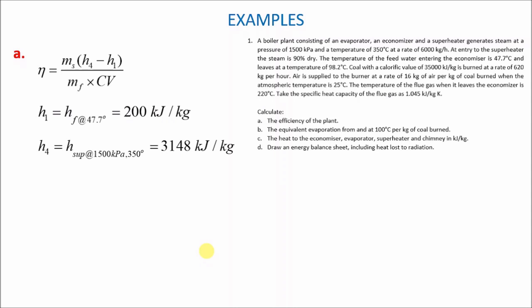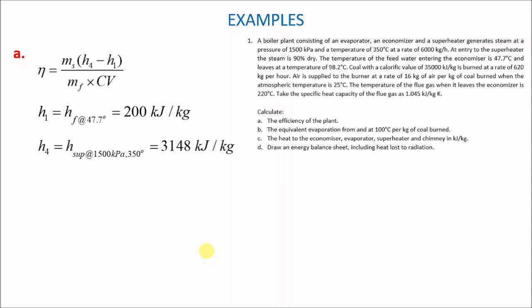And so to find HSAP, what we did, we read the HSAP value in the superheated steam tables at a pressure of 1,500 kilopascals and a temperature of 350 degrees. And when you read that value, what you have is 3,148 kilojoules per kg.